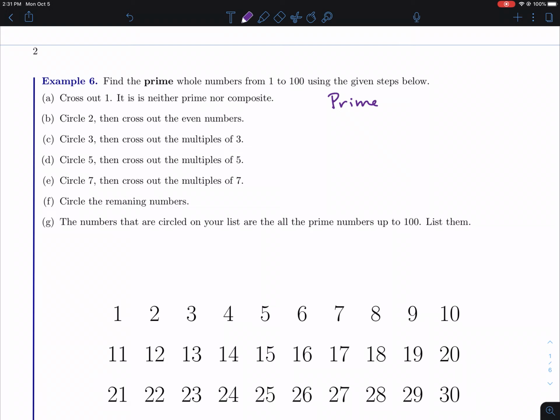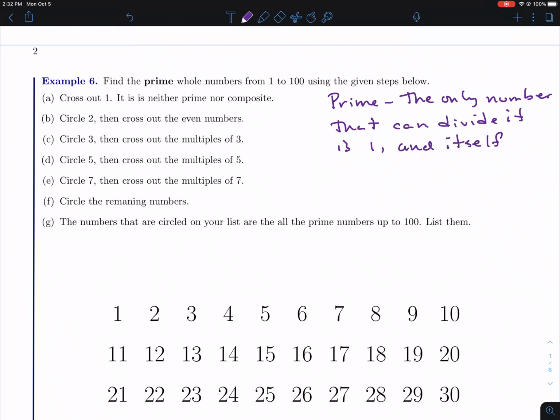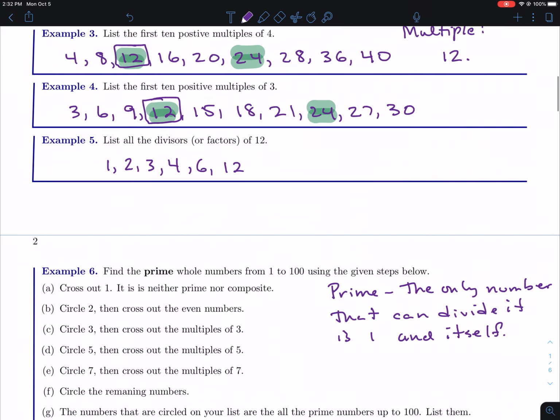But a prime number means that the only numbers that can divide it are 1 and itself. So basically, what we did up here with number 5, when we listed all the factors, a prime number is just going to have the 1 and then the number itself.